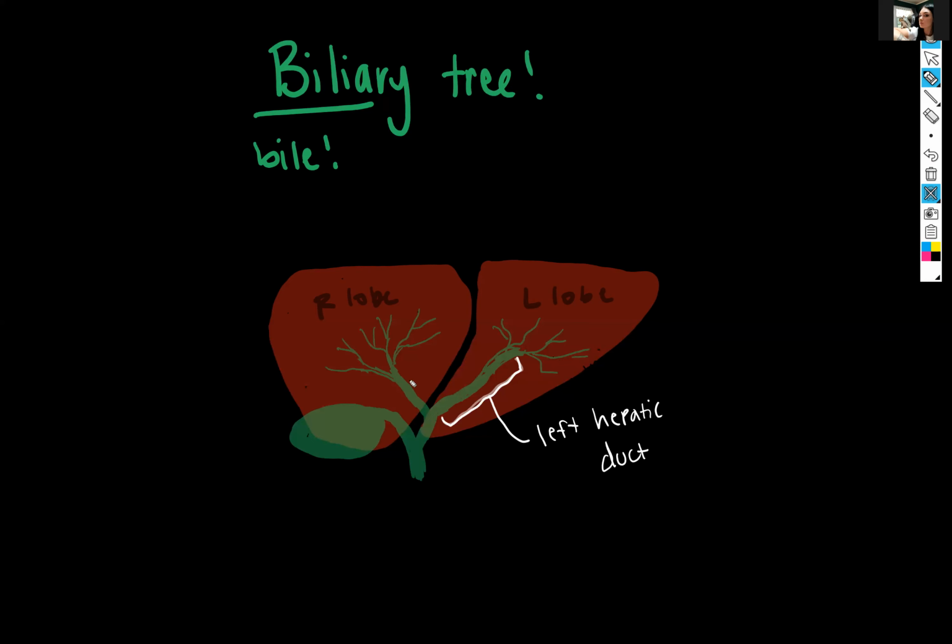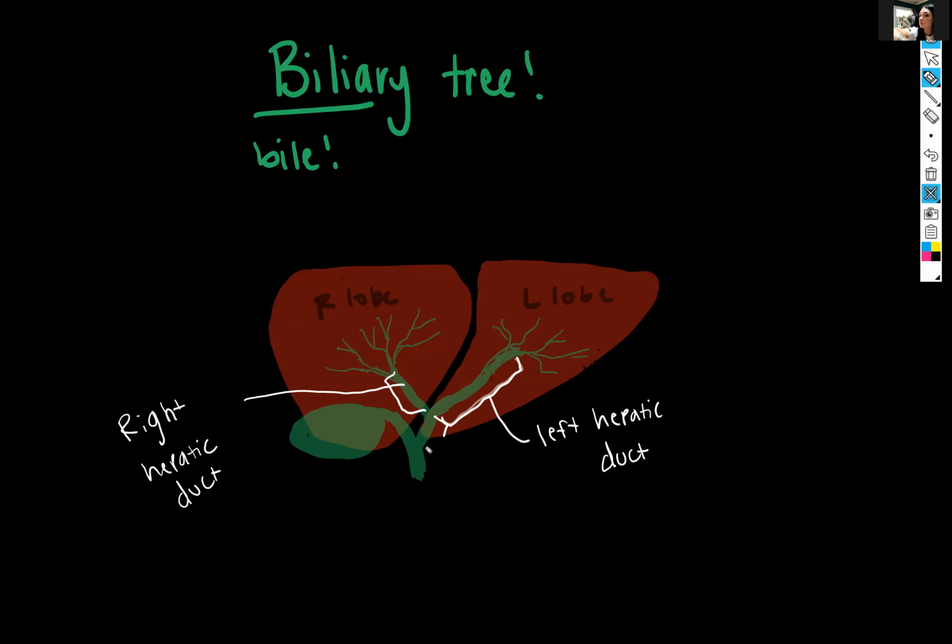Similarly, this from here to here, notice I'm stopping at the fork because it changes names there, is the right hepatic duct. So now they've combined, so they have to change names because now it's neither right nor left.